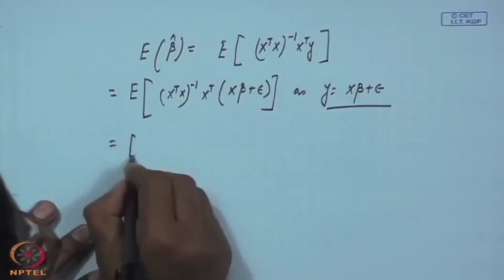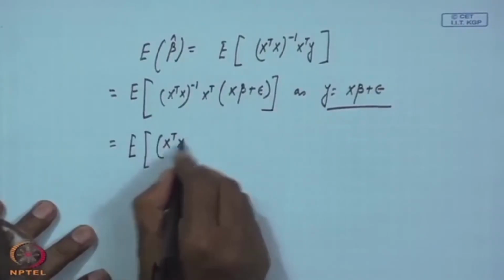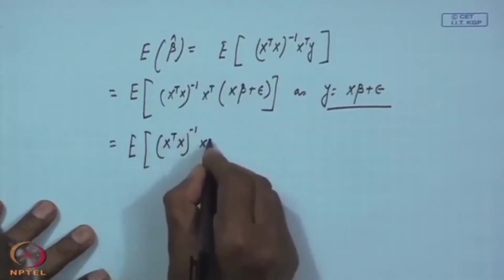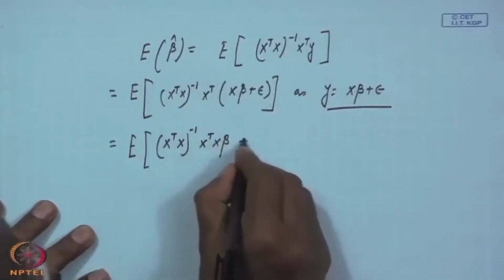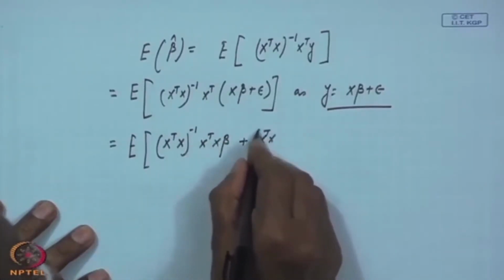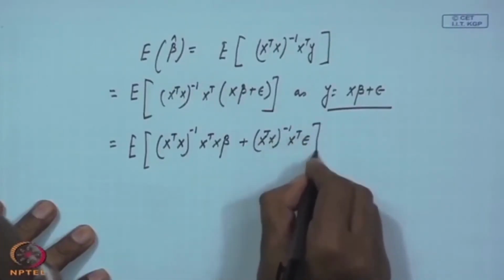If we do a little more manipulation, this becomes x transpose x inverse x transpose x beta plus x transpose x inverse x transpose epsilon.